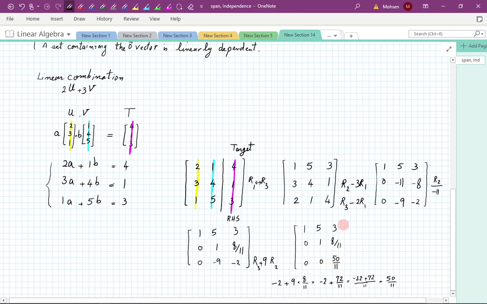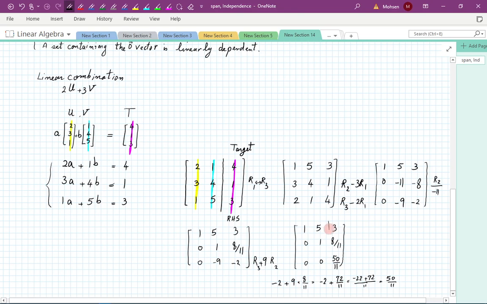Okay, what do we understand from this? Remember, when we read these equations, this number times something plus that number times something is equal to the right hand side. So here we are really looking at 0 times a plus 0 times b is equal to 50 over 11. Well, that's obviously impossible.